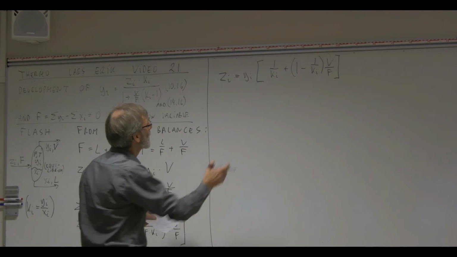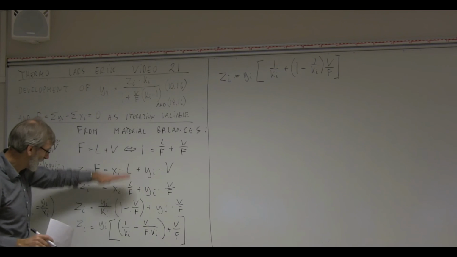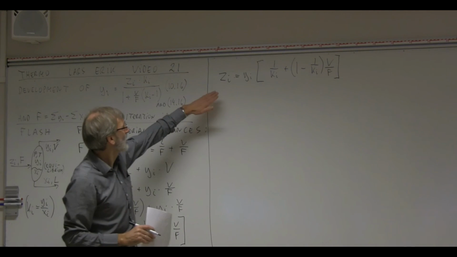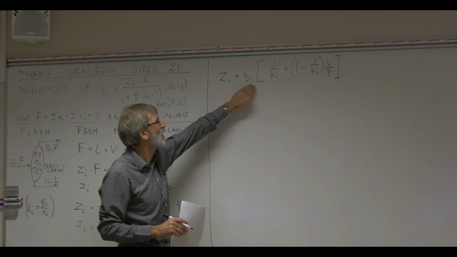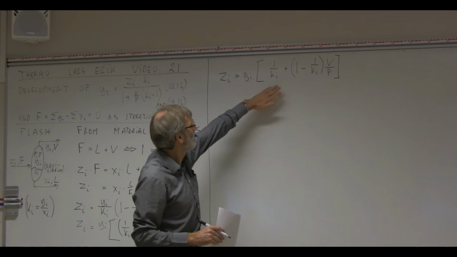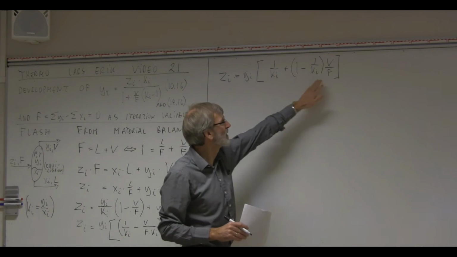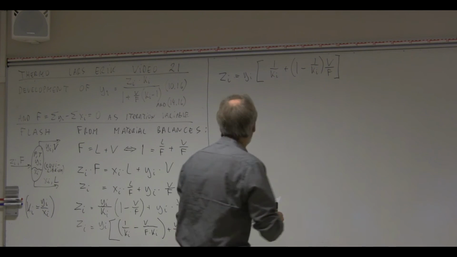And then the reason why we did this manipulation is that now z is expressed by the y, and there are the K values and the V over F ratio.